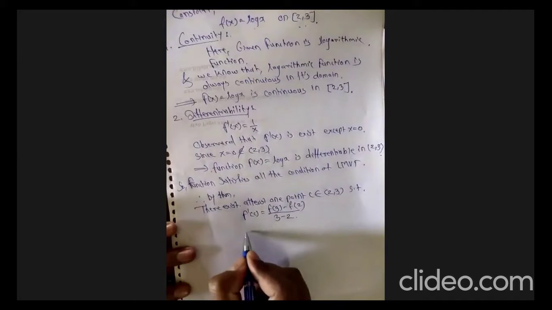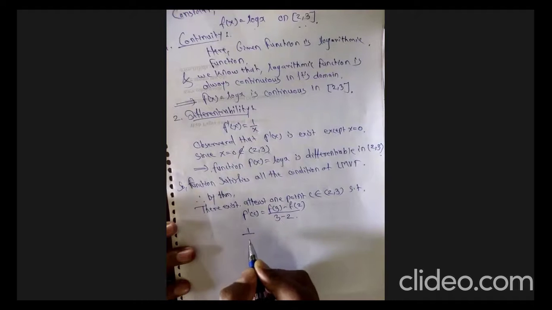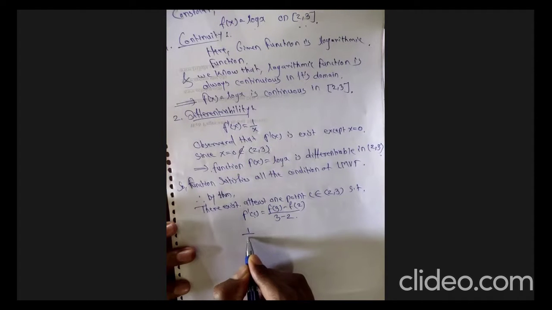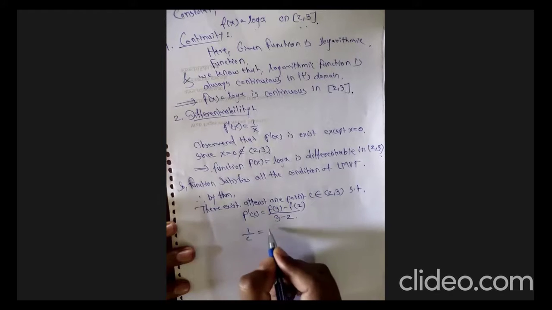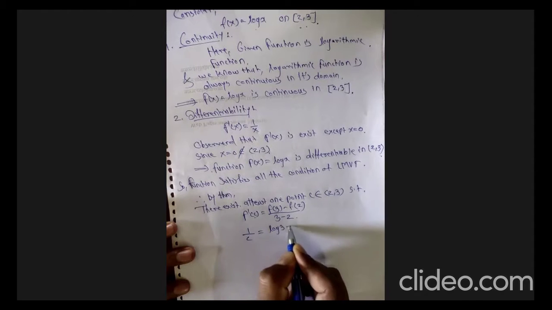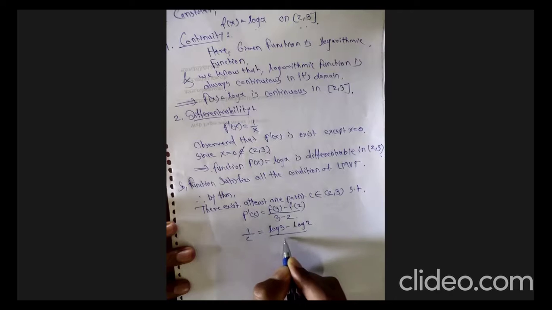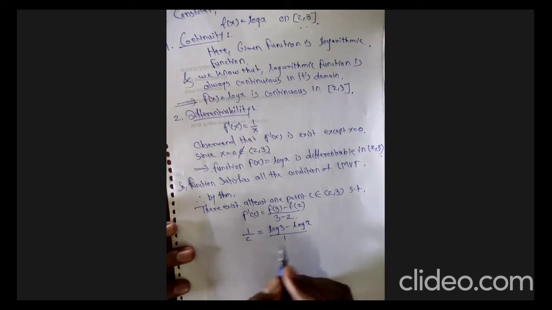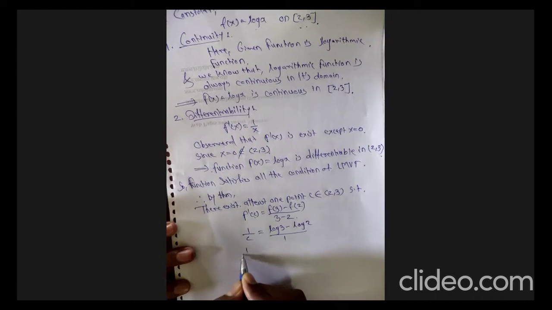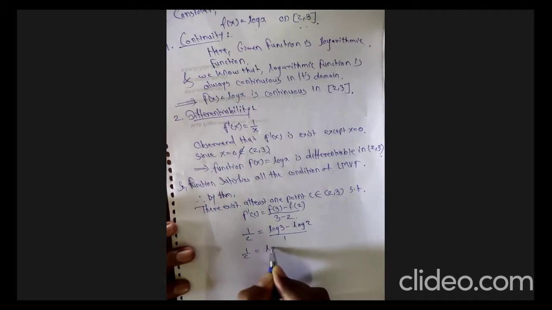So here f'(C), which is 1 upon C, is equal to (log 3 minus log 2) divided by (3 minus 2), right? That is, 1 upon C is equal to log of 3 by 2.